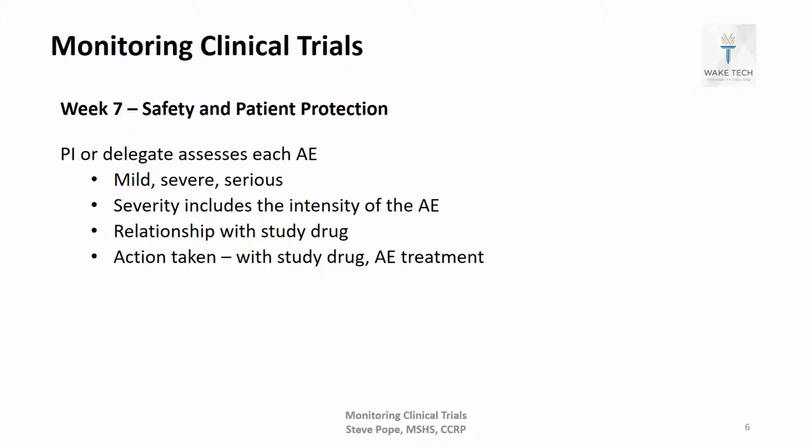So how do adverse events appear in subject source documents or data? Normally the site will have an adverse event log where they record various adverse events, and depending on the patient population and their medical condition, you can have patients that only have 1 or 2 adverse events, or patients that have 25 or 30, just depending on how sick they are.